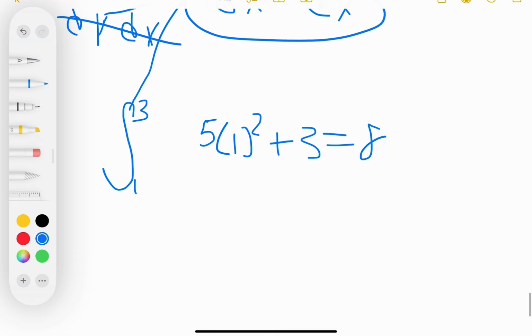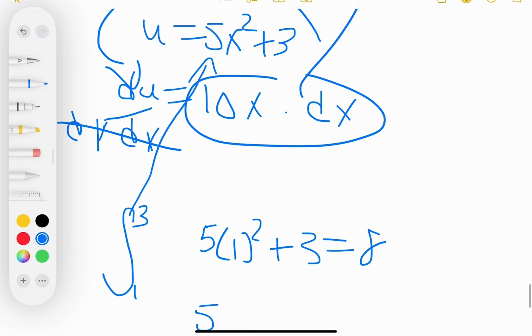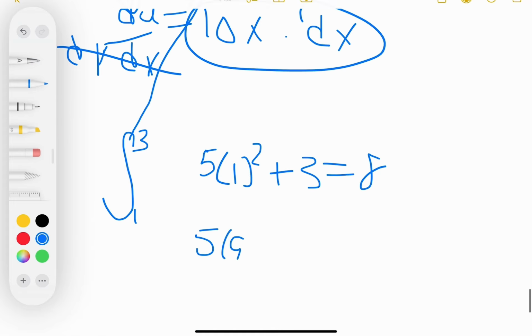And when x equals 3, our upper bound, that's 5 times 9 plus 3, which equals 48.